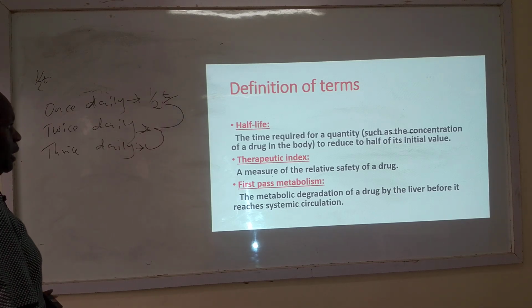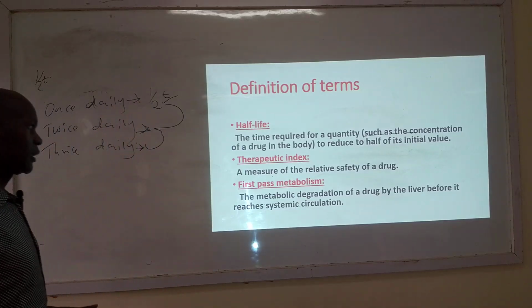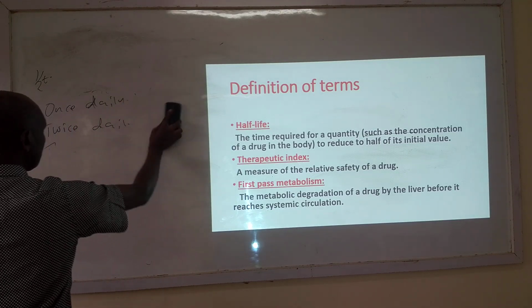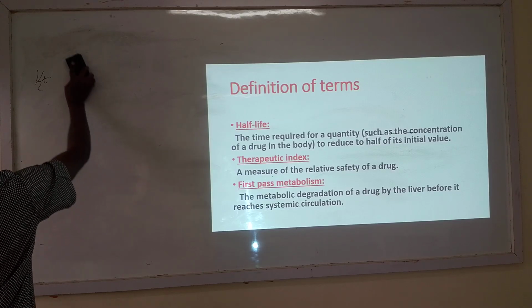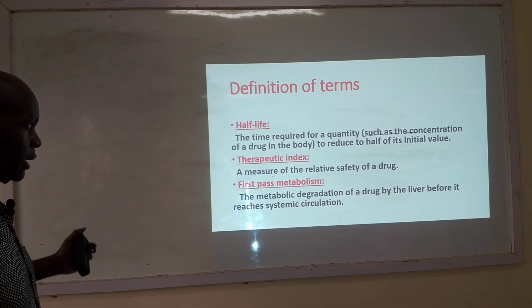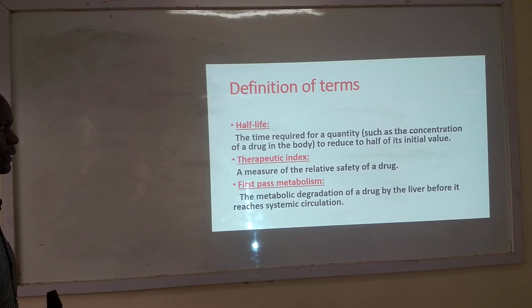And then we have something called therapeutic index. This is a measure of the relative safety of a drug. Some drugs have a narrow therapeutic index, others have a broader or wide therapeutic index.